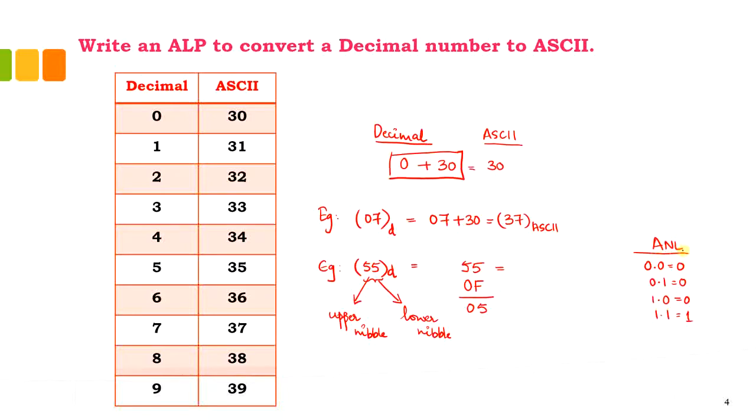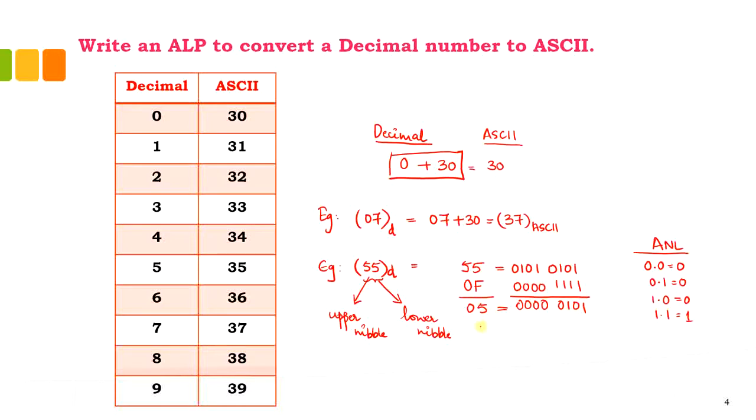The binary equivalent of 5 is 0101. Masking with 0000 1111, F being 1111, gives 0101, which is the same as 05.